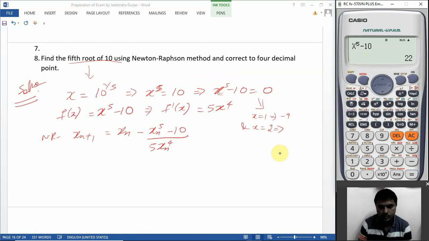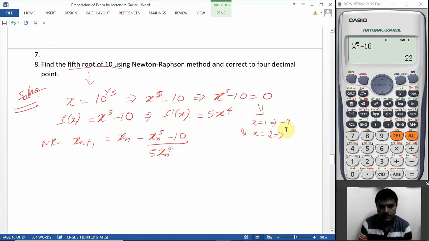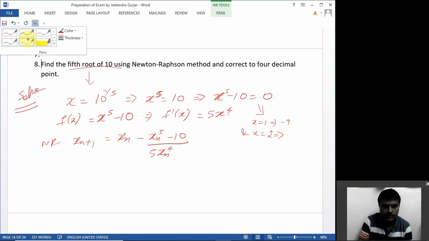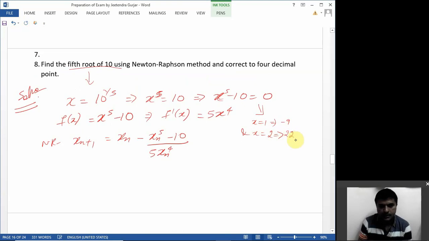Now here I am going to take first x n, alpha x, minus, then again alpha x power 5 minus 10, divided by 5 alpha x raised to 4.